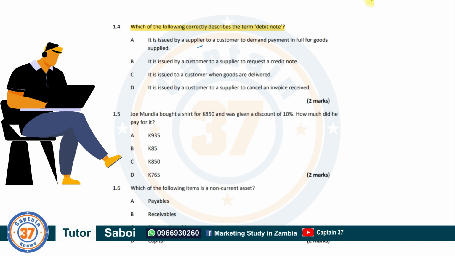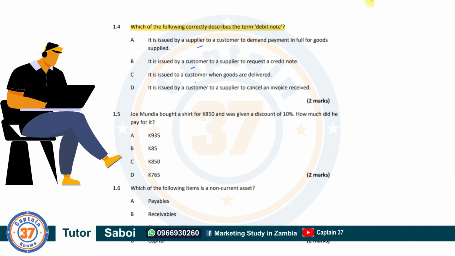Is that what a debit note is? No, that is not what a debit note is. How about B, that it is issued by a customer to a supplier to request a credit note? Could it be that one?